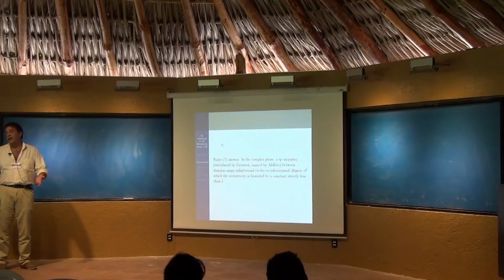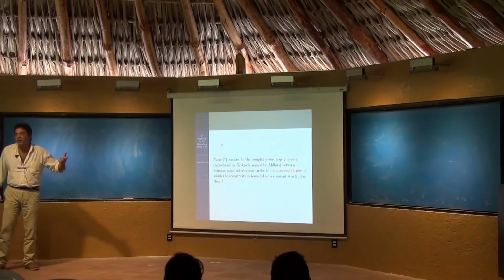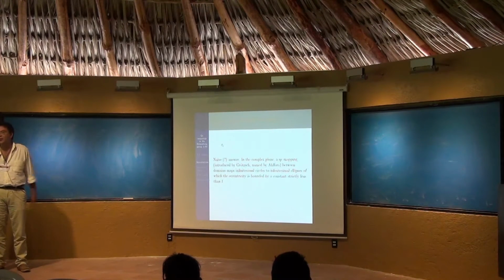And it is the closest mapping to a conformal mapping. But of course, people have written papers about what exactly a quasi-conformal mapping is. One can see a paper written by Labourie, which is very interesting.